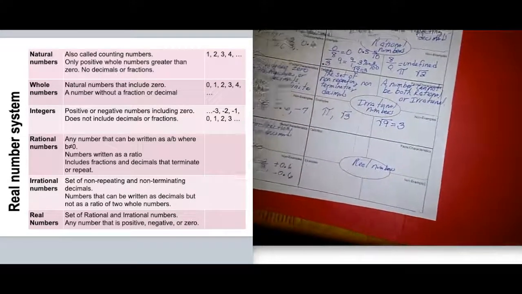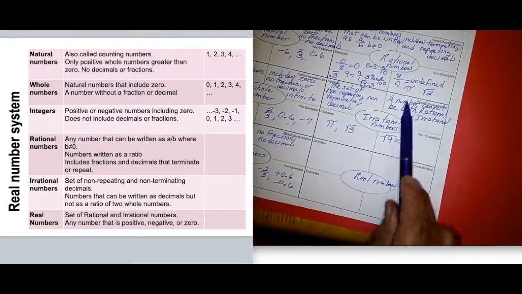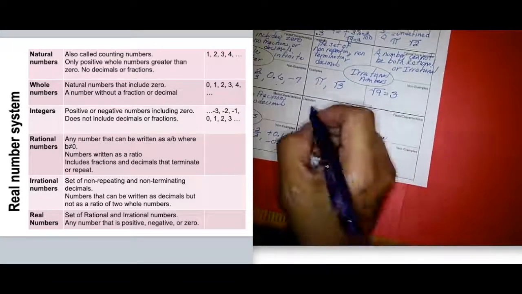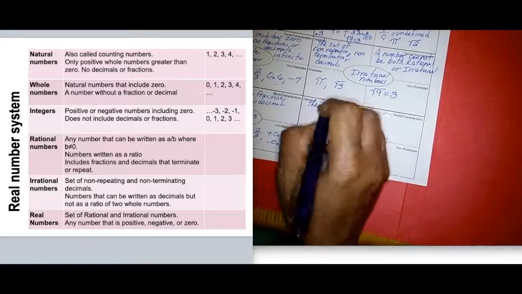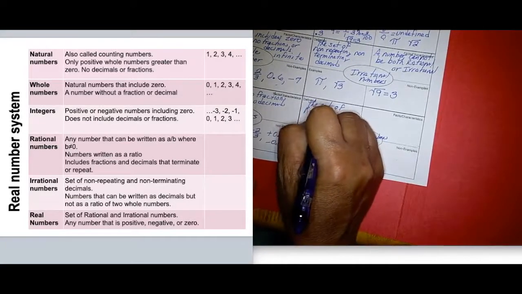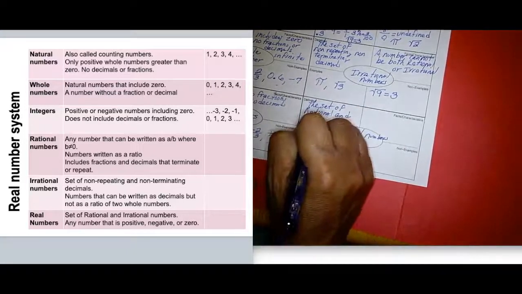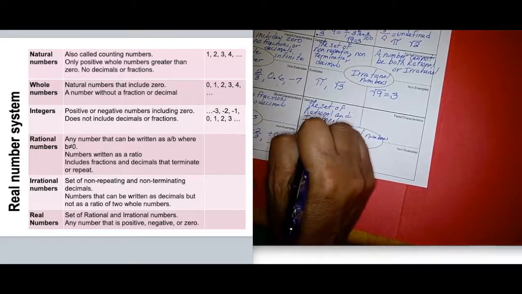Okay. The real number system is a set of all of these together. All of these together are my real numbers. So it is the set of rational and irrational numbers.